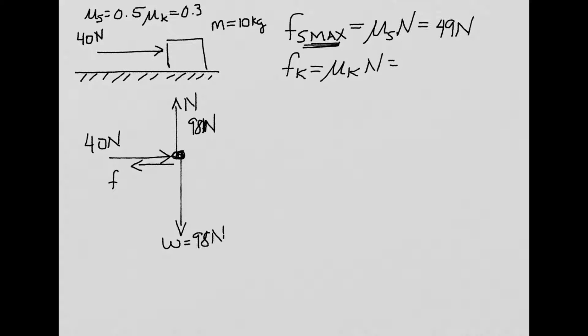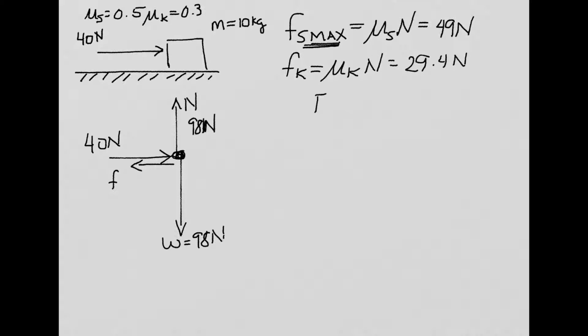And so that would tell us how big the force is if the object actually was moving, and that's 29.4 newtons. Okay, so those are our two possible values of friction, or kind of gives us two points of information about friction. And what we can do then is proceed forward and try and identify what's going on.